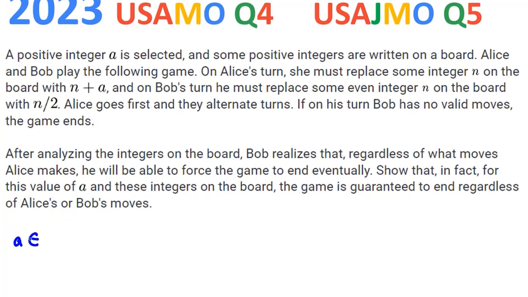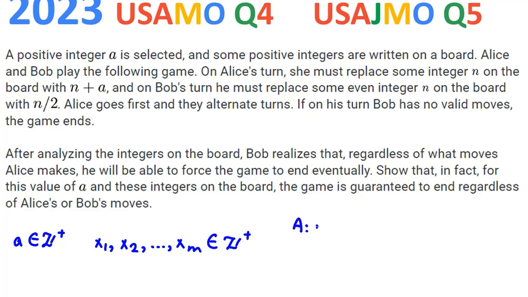It says a positive integer a is selected. Okay, so a belongs to positive integers. This sign means belongs. And some positive integers are written on a blackboard. So for example, we have x1, x2 to xn, or xm, on the blackboard; they are positive integers. It says Alice and Bob play the following game. On Alice's turn, she must replace some integer n on the blackboard with n plus a.